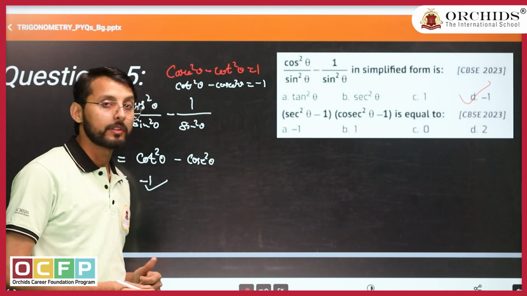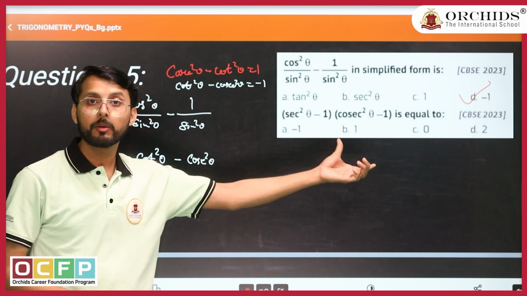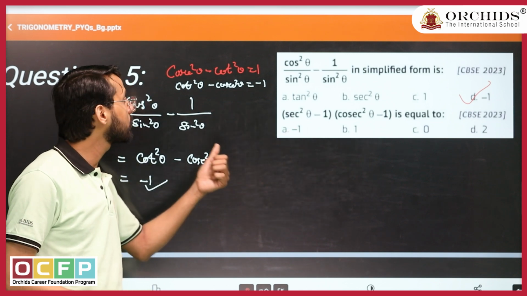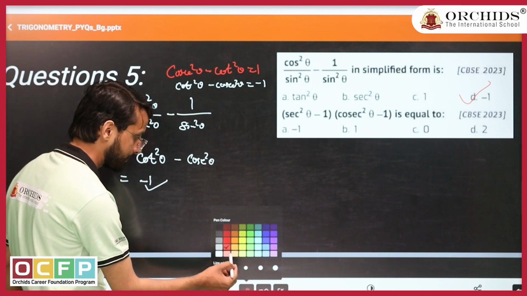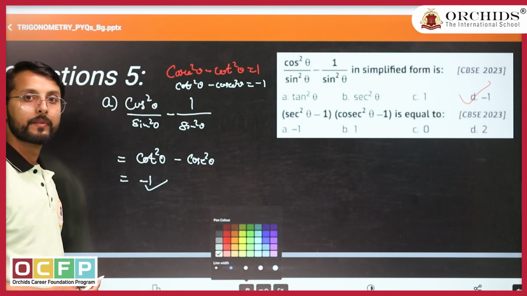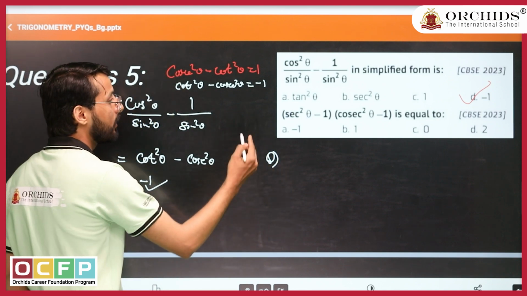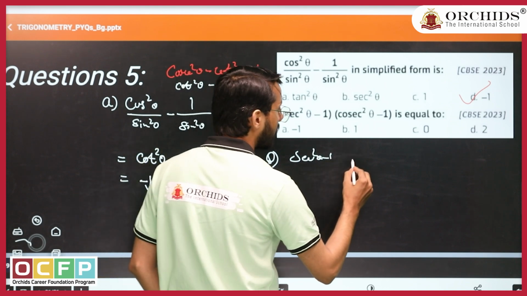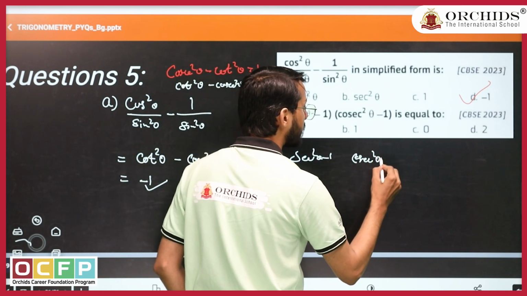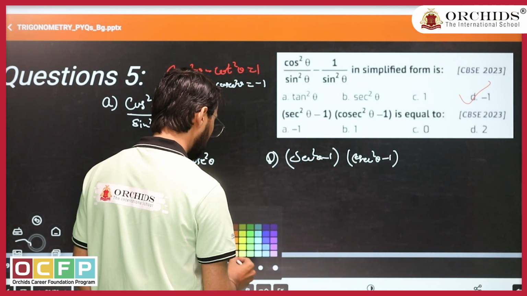Now quickly solve this question. I am waiting for you. Then I will tell you how to solve this one. Is any identity applicable for the second question, or can we directly solve it just by simplification? Quick guys, do it. Okay, let's see if you got the answer or not. We have secant square theta minus 1 and cosecant square theta minus 1. So two brackets, both in multiplication with each other.